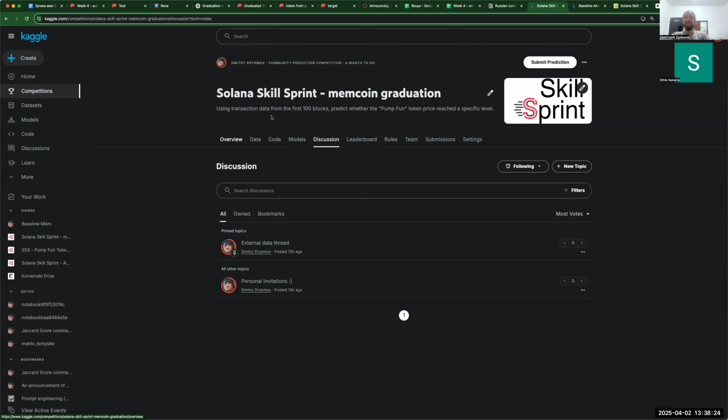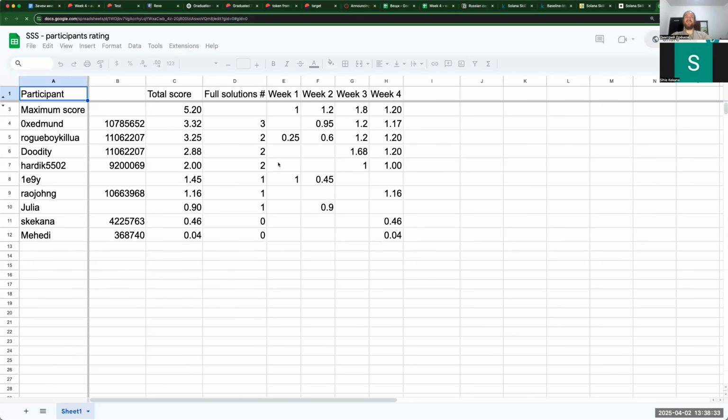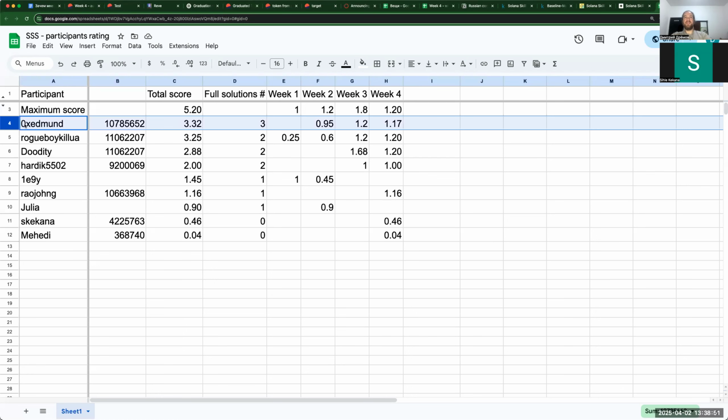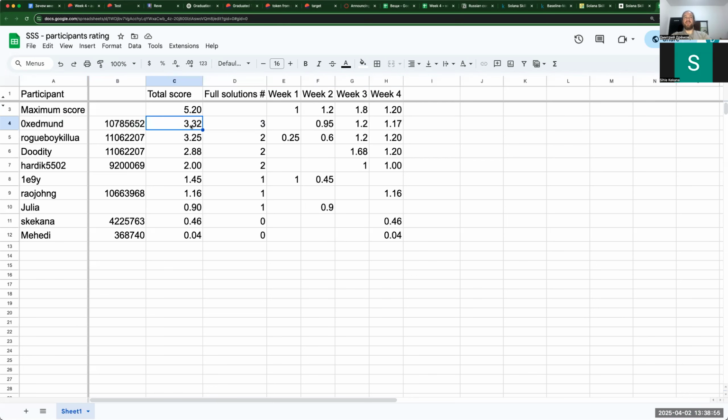Yeah, and one more thing which I think is important. I think it's nice to show the current rating because there are some participants that do really well, and I think it's nice to show their effort. Now we have one person who successfully solved 3 out of 4 weekly tasks, and he has a really big score.